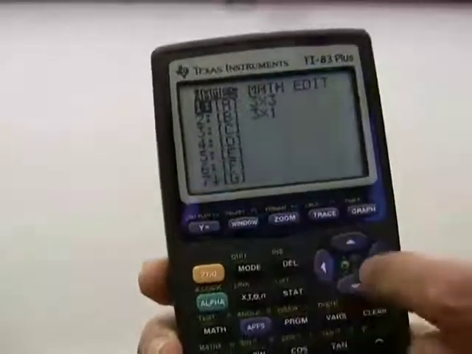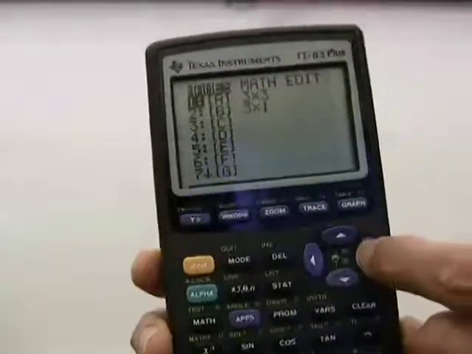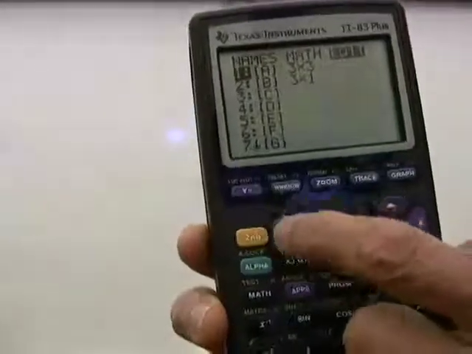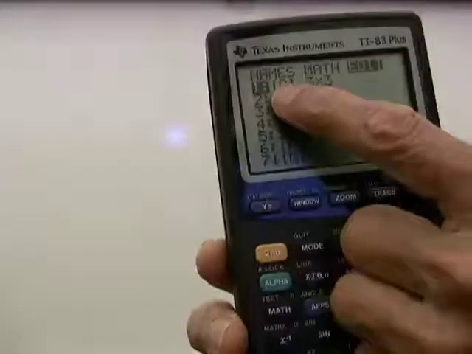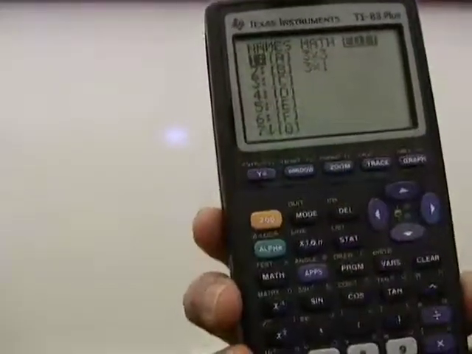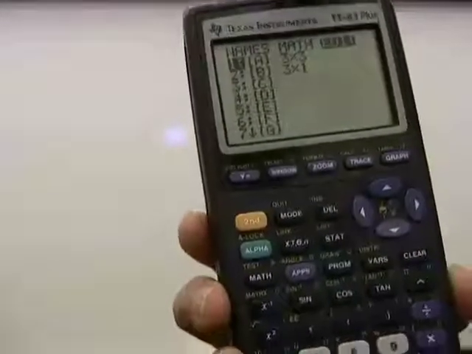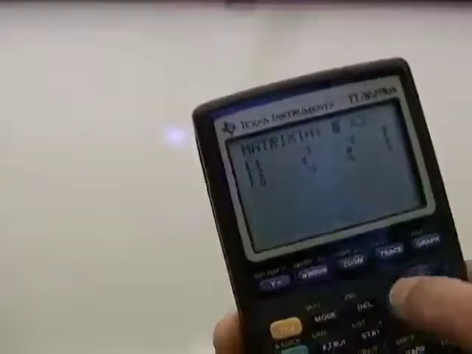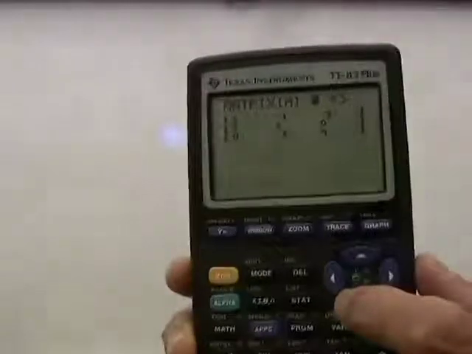So go 2 places to the right, there. And we're going to edit a matrix called A. It has been selected, so enter. Alright, enter. And now we need a 2 by 2 matrix.